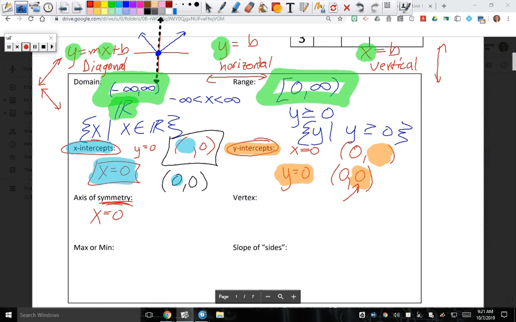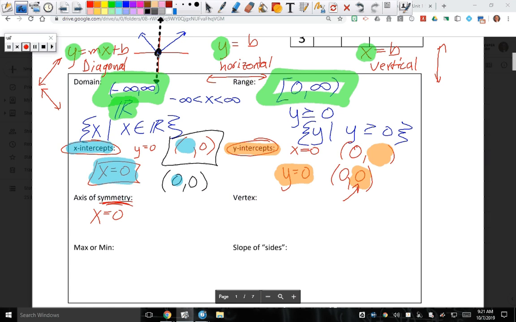Okay, the vertex. The vertex is the point at which this absolute value has no slope and will change directions. You with me? All right. This one we actually give full as x and y. So Brittany, what would that be? It's okay.